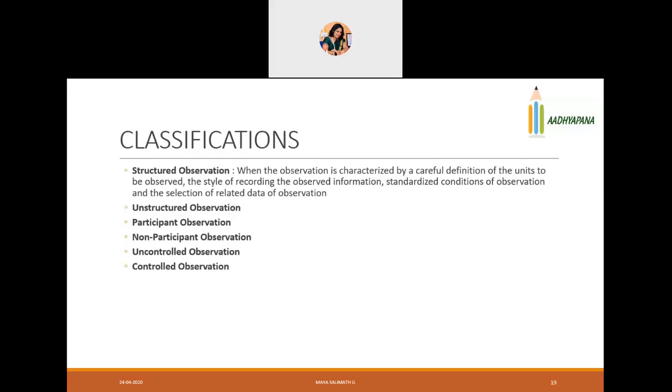Uncontrolled observation. Uncontrolled observation is where you do not have any control over what is happening there. Say, for example, there was a TV show by the name Bakra. I don't know how many of you have seen it on MTV. In that TV show, the camera was placed somewhere, and there was no control over how people behave.